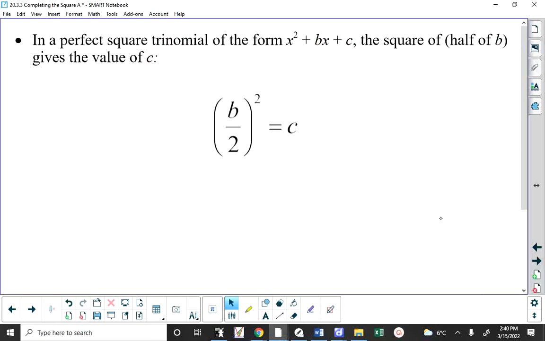In a perfect square trinomial of the form x squared plus bx plus c, please make a note that it's 1x squared. It only works if it's 1x squared. If you take the square of half of b, you get the value of c.